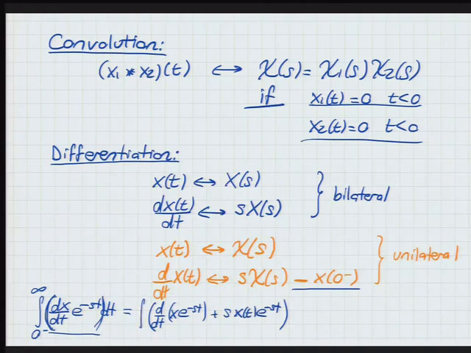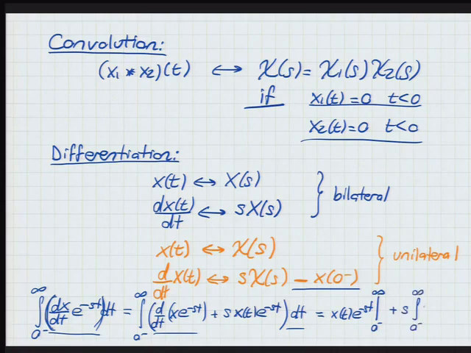So that means then I'm doing this integration. But the first part of the integration is straightforward because the dt's cancel. So I really have x of t e to the negative st evaluated at infinity and 0 minus. And then the second part is s times the integral of x of t e to the negative st dt.